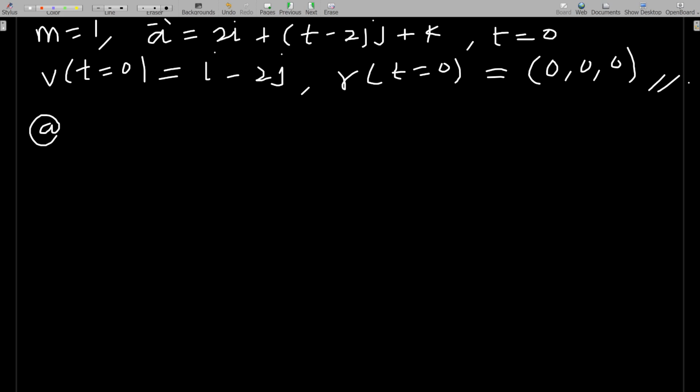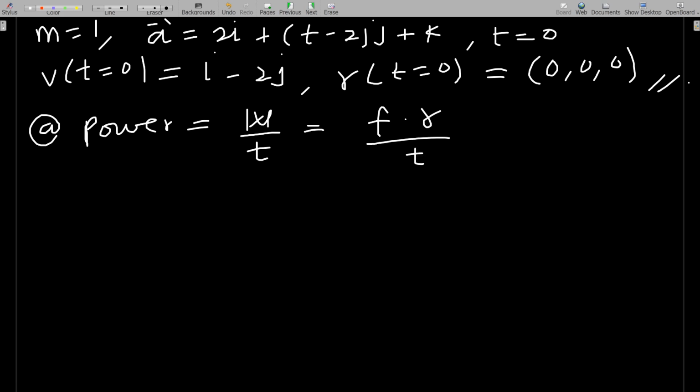Power, you know, is equal to work done over time, and work done is force times distance. Let me say F dot r over t. But what is this?